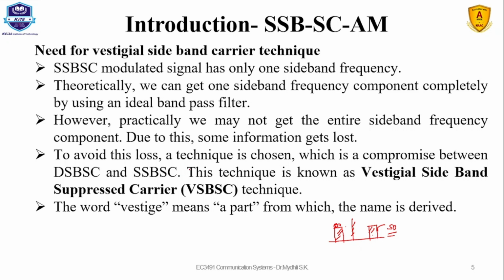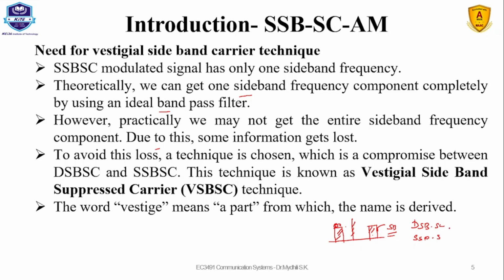Theoretically, we can get only one sideband component by using an ideal bandpass filter. But practically we cannot get the entire sideband frequency component, because information gets lost. To avoid this loss, we compromise between the advantages of DSB-SC as well as SSB-SC.